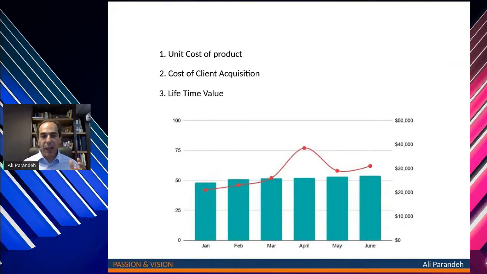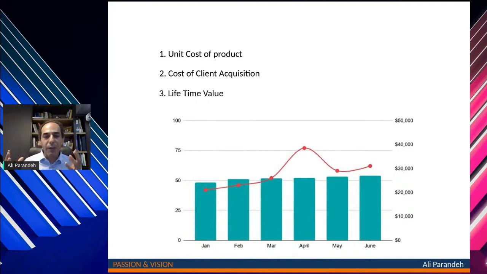When you sell to a client, regardless of what you're selling, usually that client stays with you for a period of time, particularly in software. So for example, if you're selling your software at €50 per month and your cost of acquisition of the client was €1,000, however, if that client stays with you for 10 years, €50 per month is equivalent to €600 per year, and 10 years is €6,000.